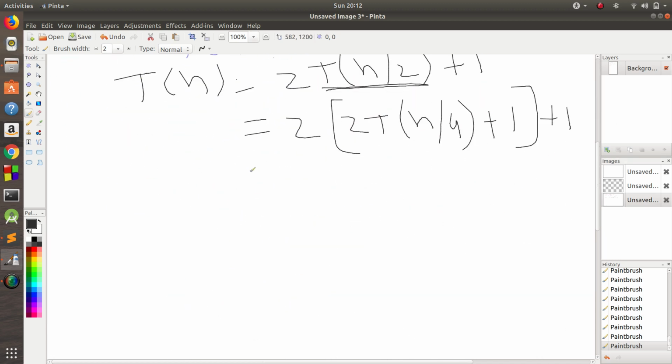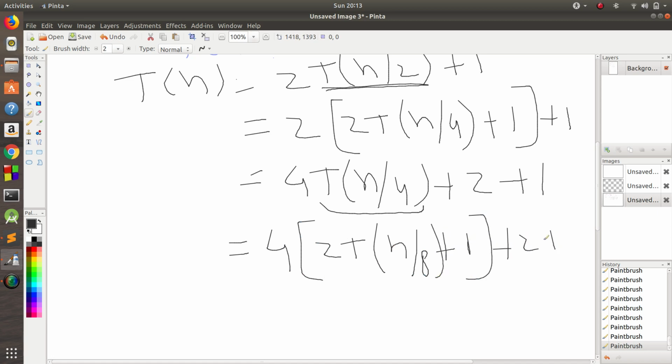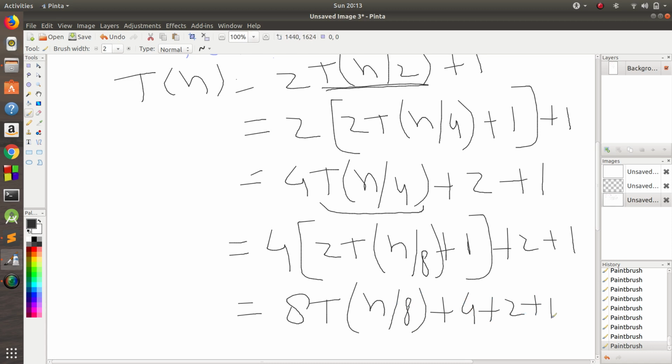So this can be written as 4T(n/4) + 2 + 1. I'll again expand this, so I'll write 4 into 2T(n/8) + 1, plus 2 plus 1. So this can be written as 8T(n/8) + 4 + 2 + 1.